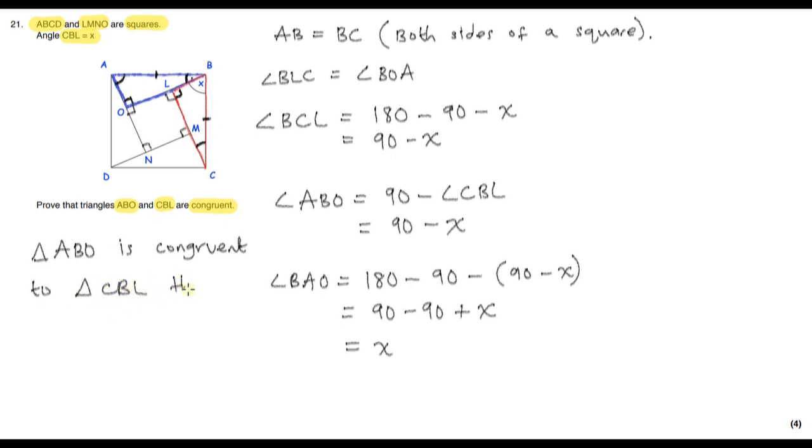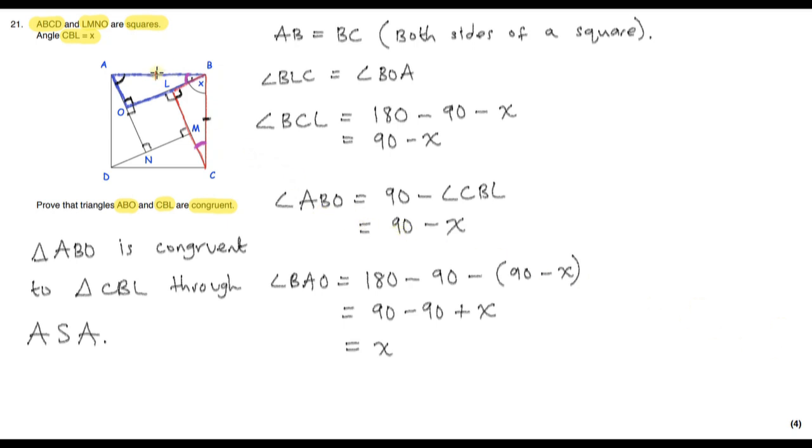And that is through angle, side, angle. Angle, side, angle. So let's just color match these. This angle corresponds to this angle. Those are the same. They are both 90 minus x.